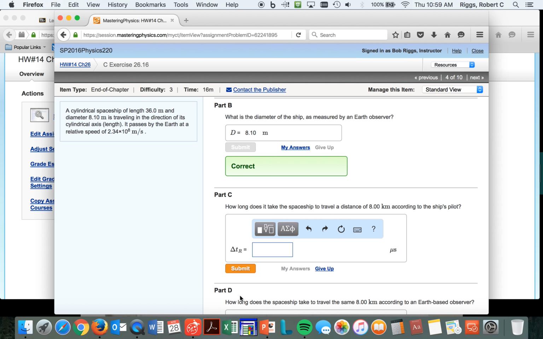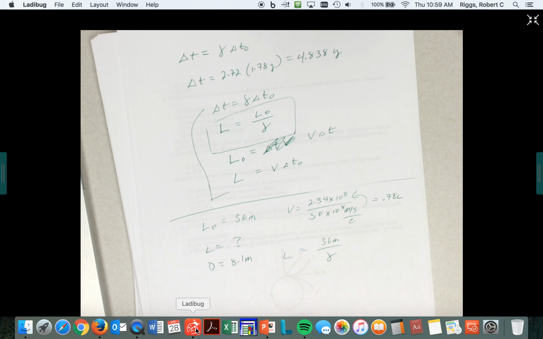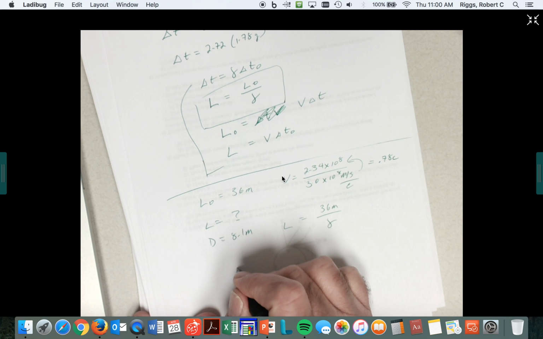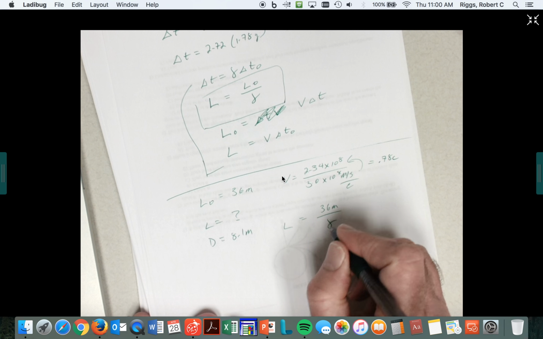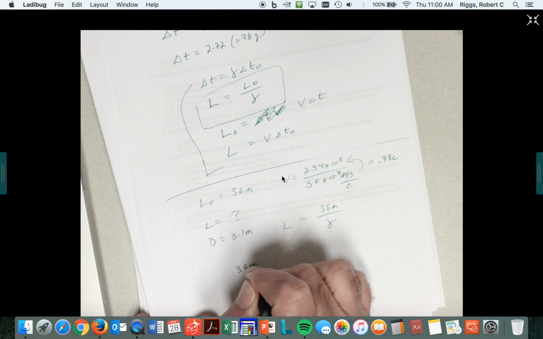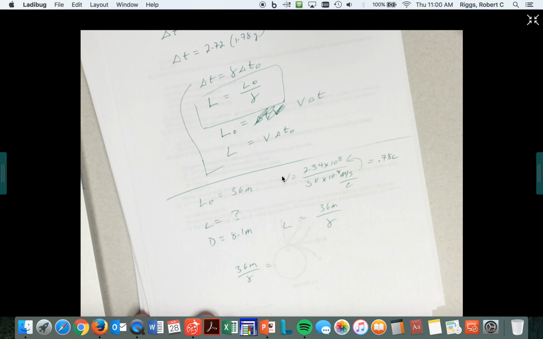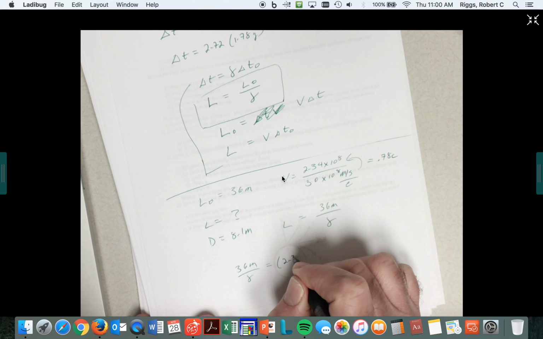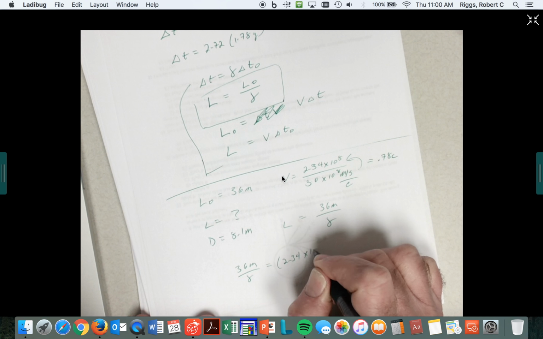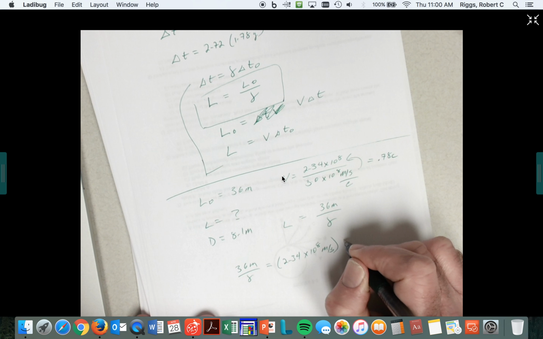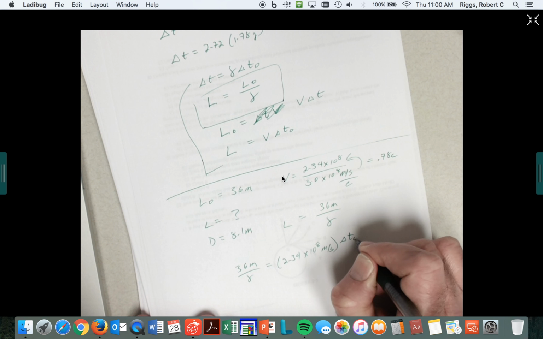All right. So what are we trying to find? We're looking at this guy here. So let's go back. So we know that L, which you found, is equal to 36 meters divided by the gamma function, which is equal to 2.34 times 10 to the 8th meters per second times delta T naught.